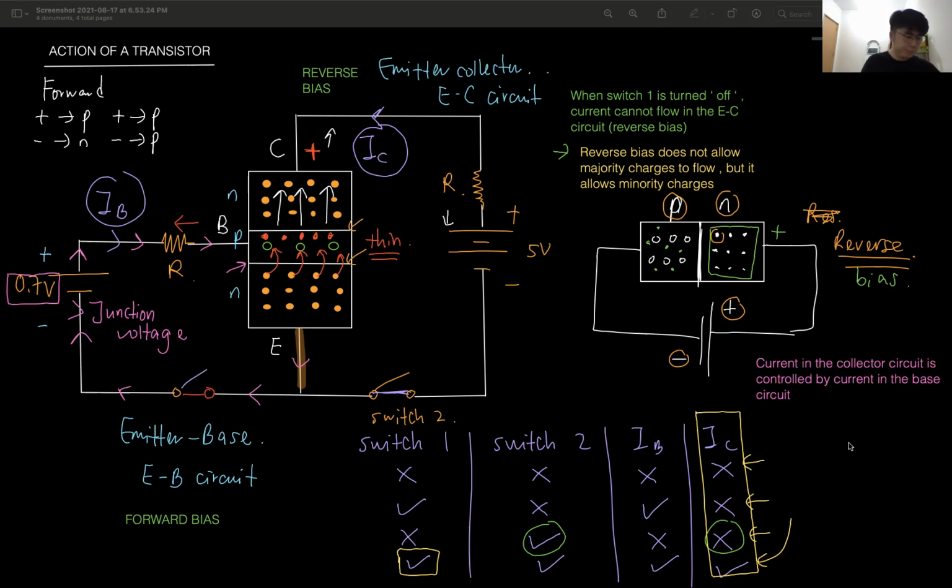So this becomes a very important characteristic because I can control the current in the base. If I use a variable resistor, I can increase and decrease the resistance, and I can control the amount of current in the base, thus controlling the current in the collector circuit.